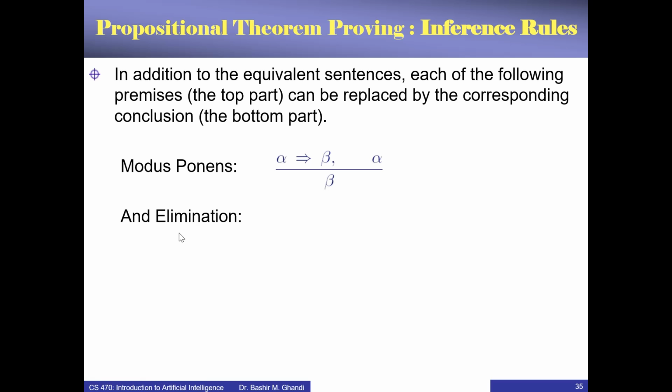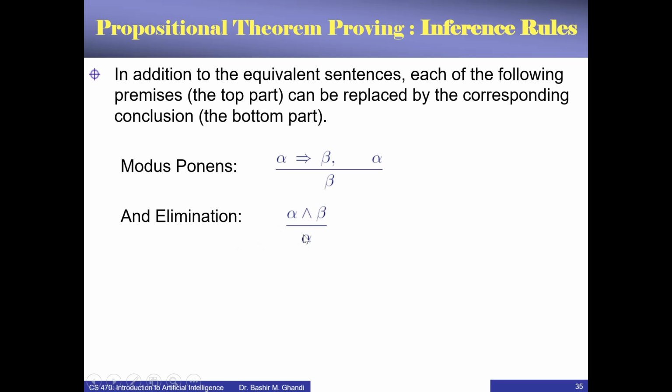The second one is called AND elimination, and this is how it goes. If you have alpha and beta, then it can reduce to just alpha. It's like the example I was giving you earlier: Ali and Omar passed the exam, so obviously Ali passed the exam.